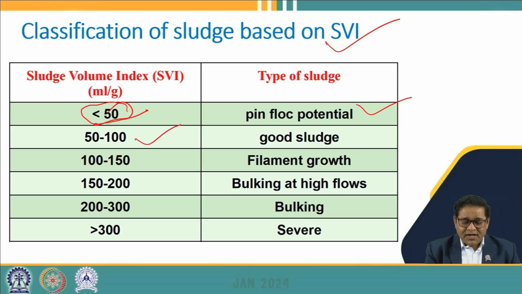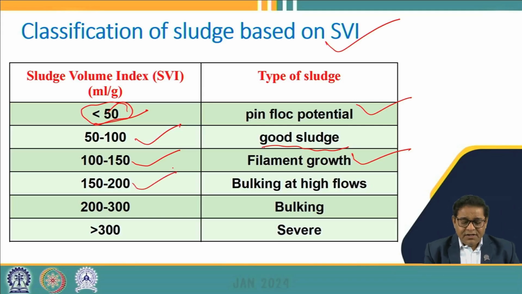Whereas if the sludge volume index varies from 50 to 100, it has moderate settleability and we can say good sludge. But if the value of SVI increases further, to 100 to 150, it is basically filamentous growth, a filamentous type of sludge which does not easily settle out.